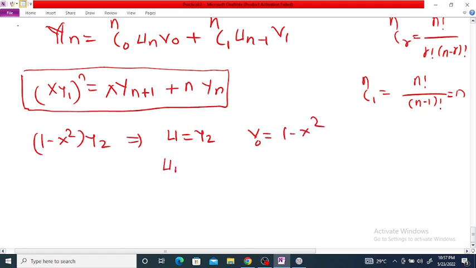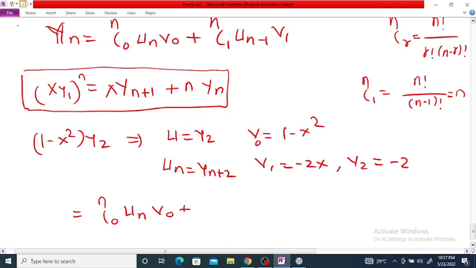So un is equal to yn plus 2, v1 is equal to minus twice x, and v2 is equal to minus 2, and if you differentiate further, v3, v4 are all equal to 0. So we want to write the formula up to nc0 un v0 plus nc1 un minus 1 v1 plus nc2 un minus 2 v2.